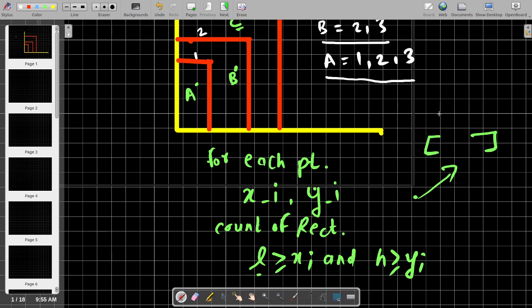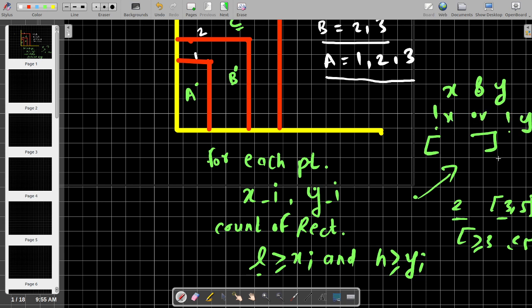Let's say I want to check if 2 lies between 3 and 5. I could directly check if it is greater than or equal to 3 and less than or equal to 5, or the opposite: either less than or equal to 3 or greater than 5, then it doesn't lie in range.